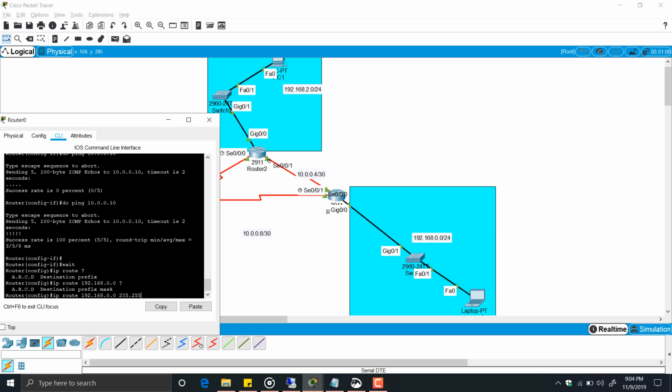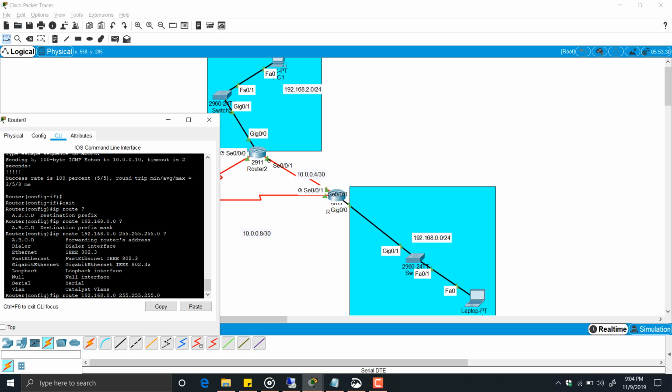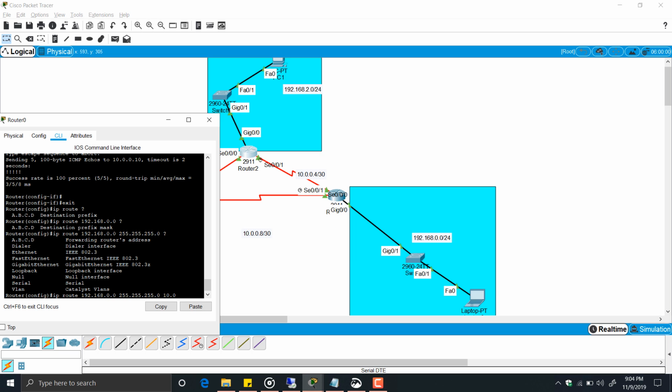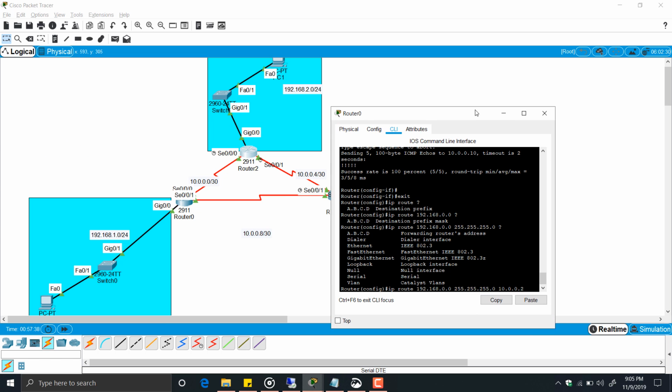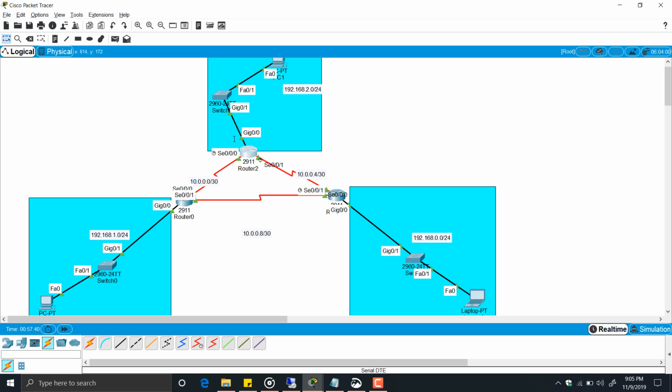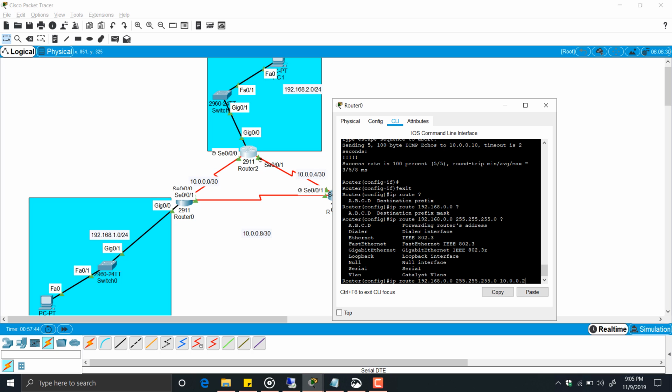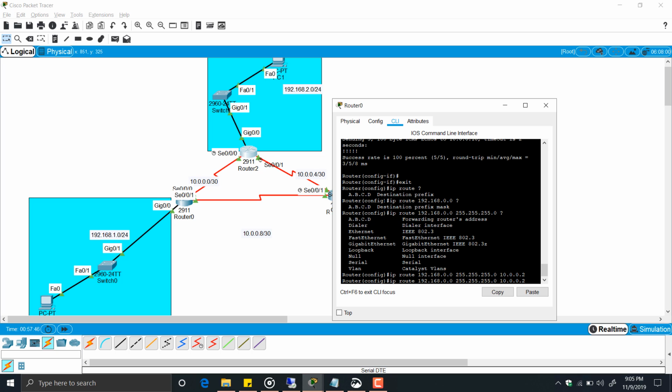So 255.255.255.0, and now it's asking for forwarding router's address. The forwarding router's address is this router right here. So 10.0.0, and remember that router is the .2. Let's check. Yeah, it's that .2.